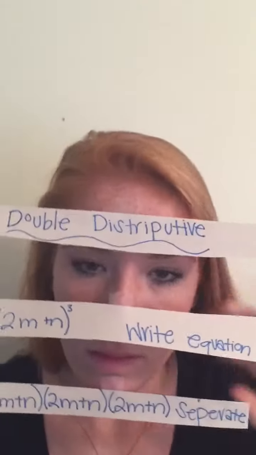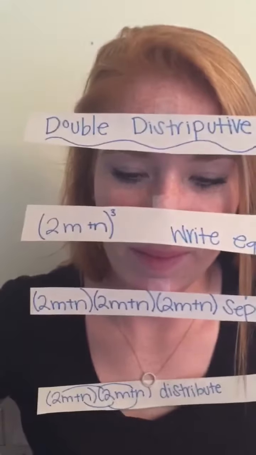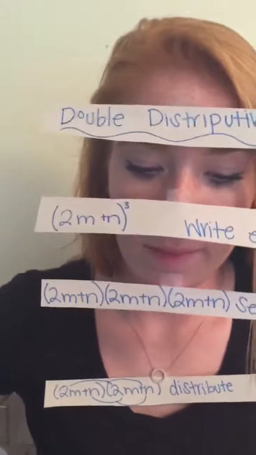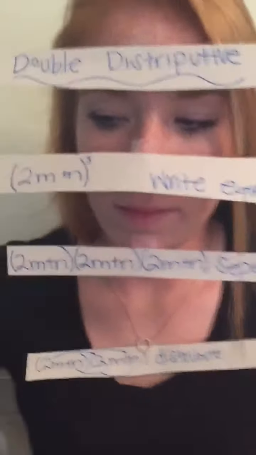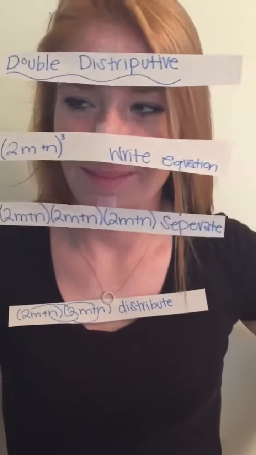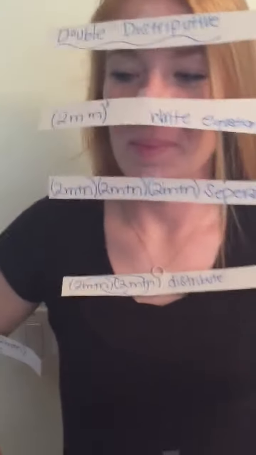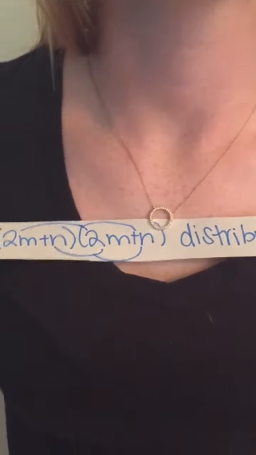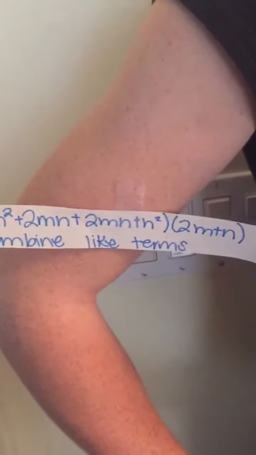Double distributive property. So 2m plus n to the third power. You're going to write the equation, then you're going to separate them into 3 different parentheses because it's cubed. So now you're going to distribute 2m plus n and then 2m plus n. Then you're going to combine like terms like that.